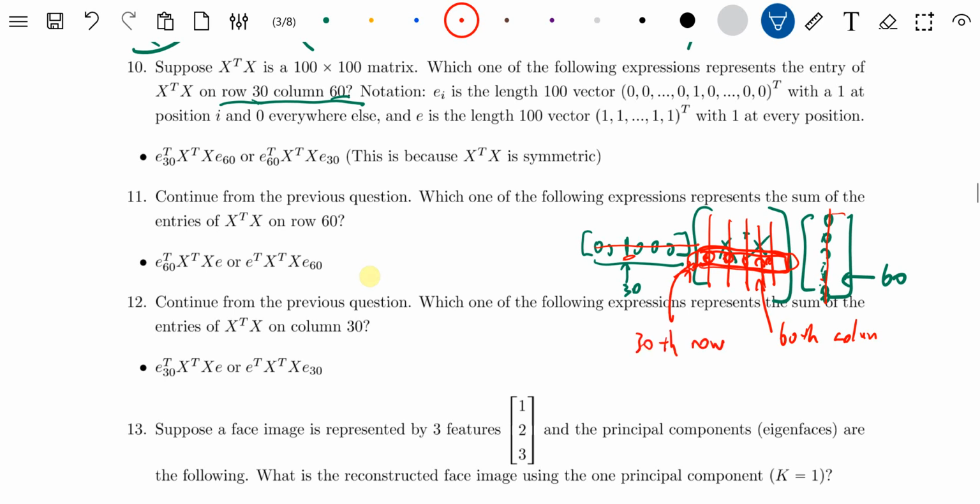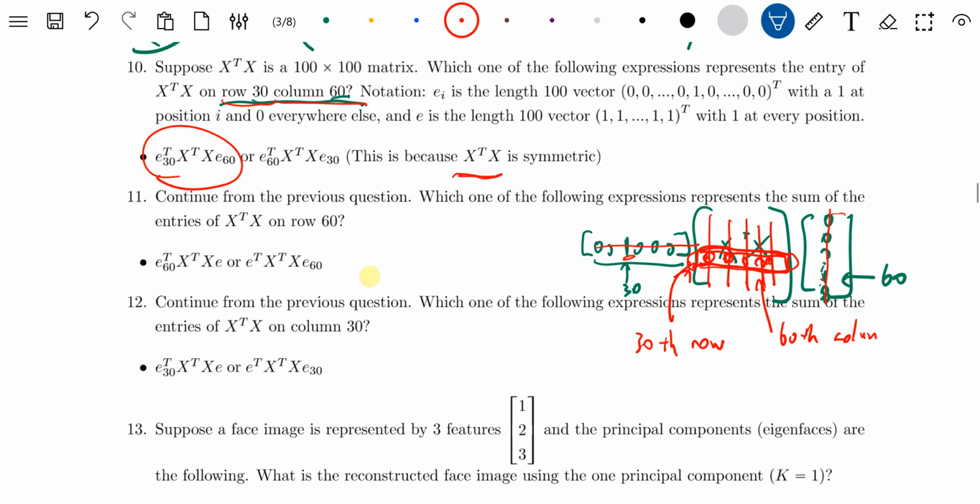So combining them, you only get the entry at row 30, column 60. So that's why this is the answer. Of course you can transpose this because X transpose X is symmetric, so row 60, column 30 is the same number.